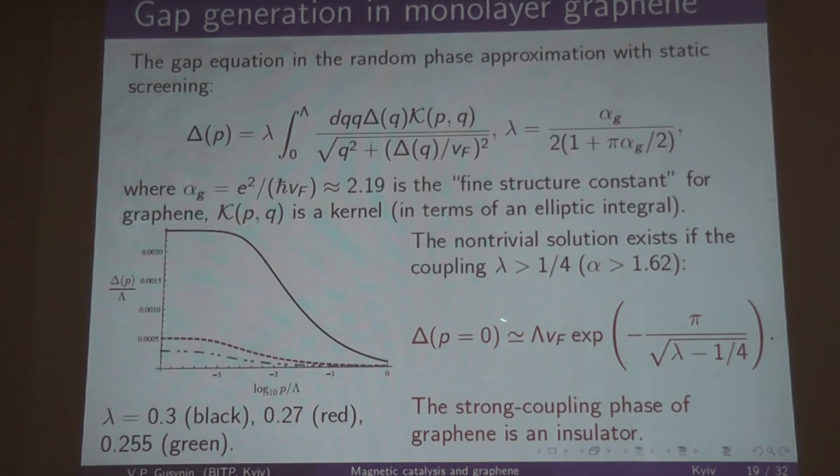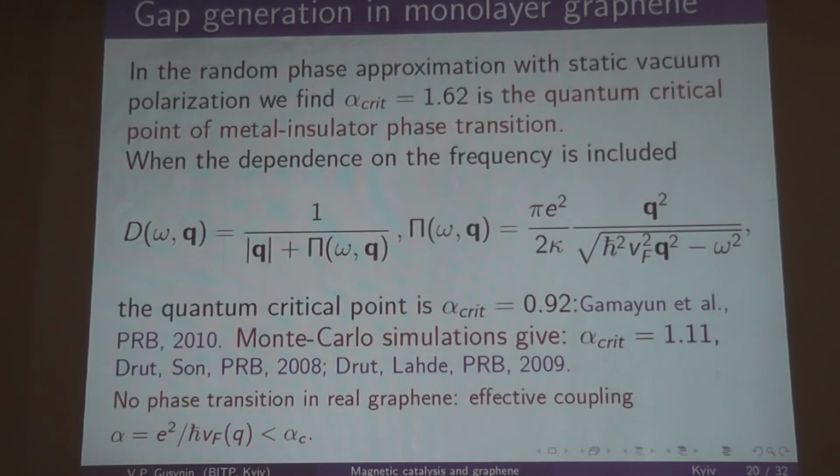So, in principle, the strong coupling phase of graphene could be an insulator. Of course, we know that it's not so, but nonetheless, let us proceed further. If we include dependence on the frequency, the polarization function takes this form, and the critical coupling becomes a little bit smaller.